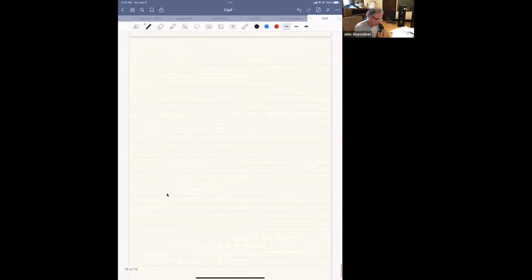Although I'm going to throw in some examples. So we're going to just isolate a particular lambda. All right, so this is what we want.